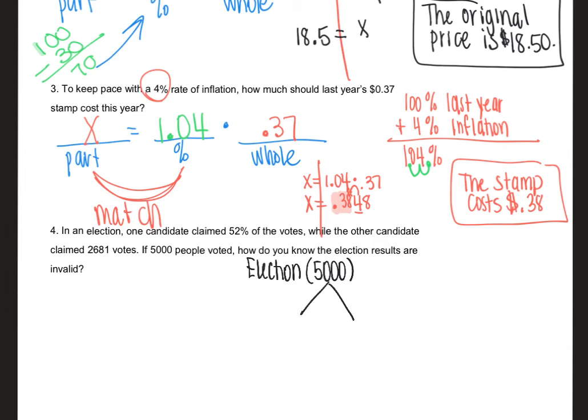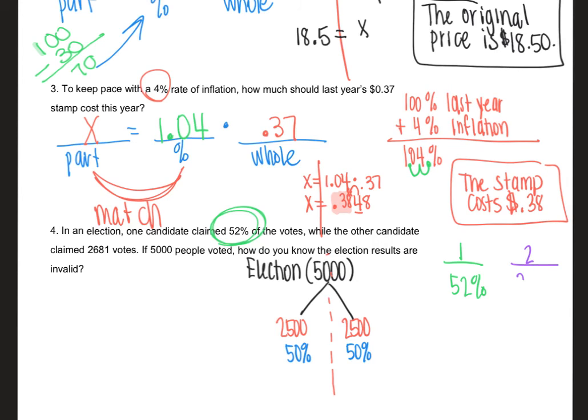Now, if it went 50-50, in terms of numbers, it should have been 2,500 and 2,500, if it went split right down the middle. Percentage-wise, it would be 50% and 50%. Now, basically, if this is candidate 1 with 52%, that's saying that they won. But then on the other hand, you are saying that candidate 2 got 2,681 votes.